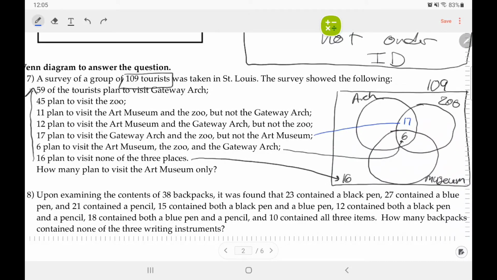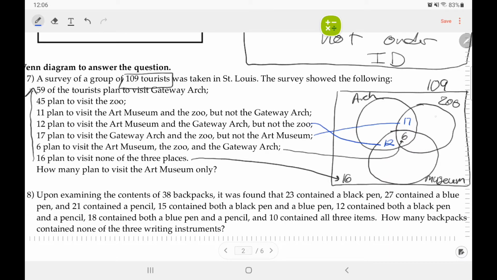12 plan to visit the art museum and the Gateway Arch, but not the zoo. Art museum and Gateway Arch is right here, so I'm putting the number 12 right there. 11 plan to visit the art museum and the zoo, but not the Gateway Arch.